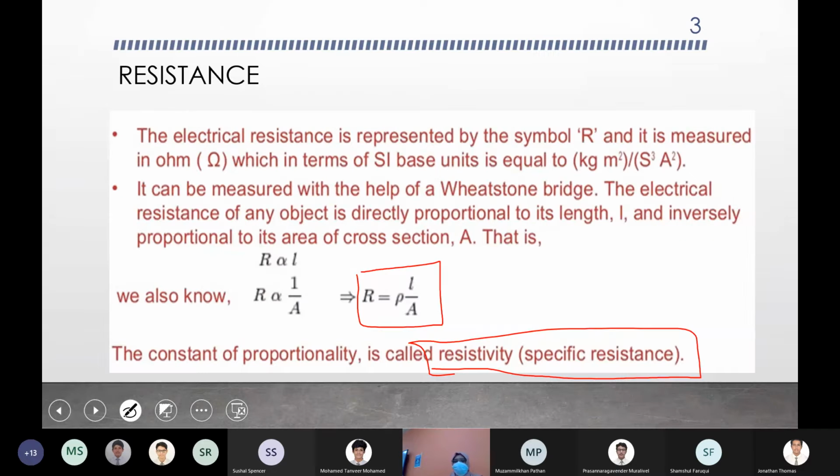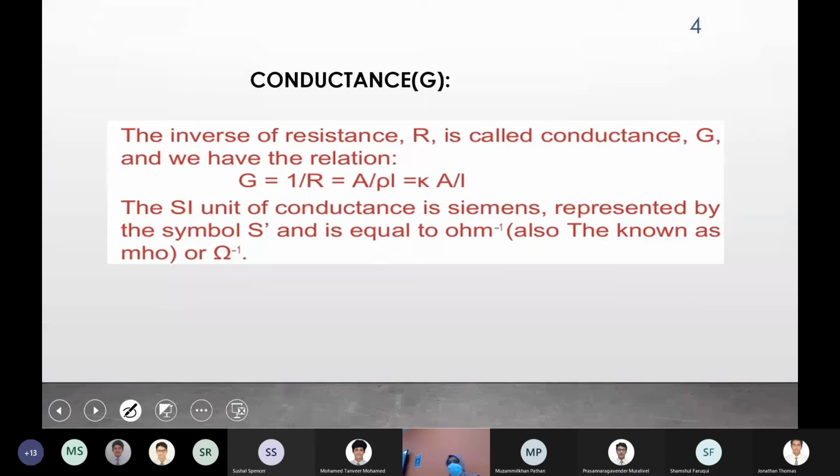So conductance is the inverse of resistance, G is equal to 1 by R, and the equation becomes A divided by rho into L. Here 1 by rho is what is important for us.